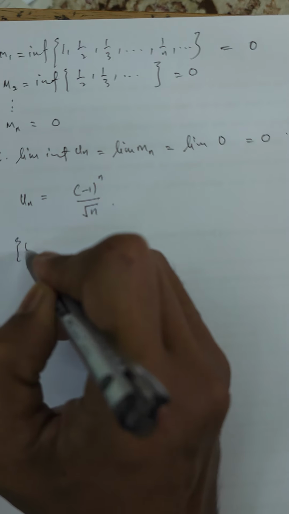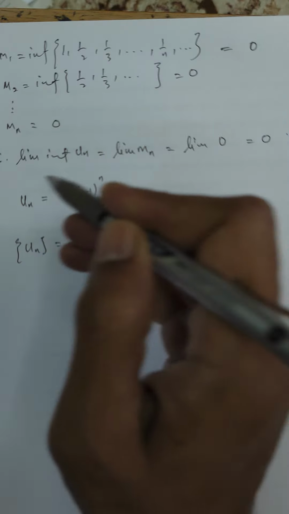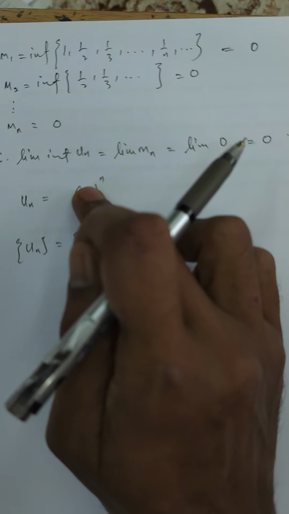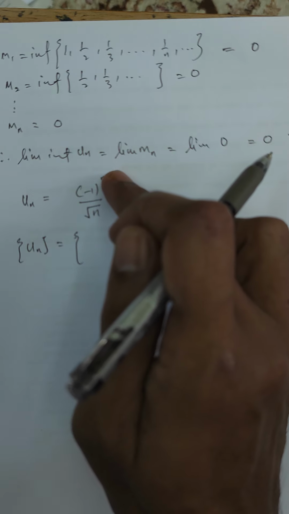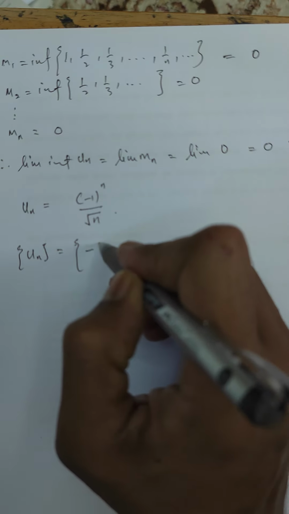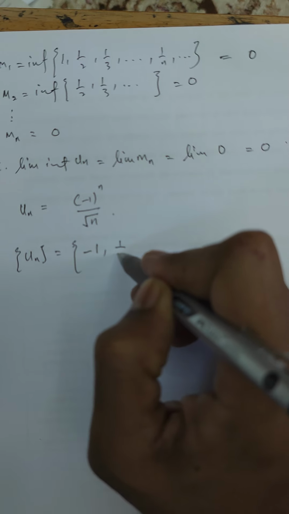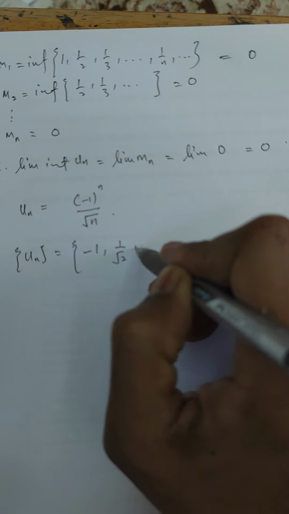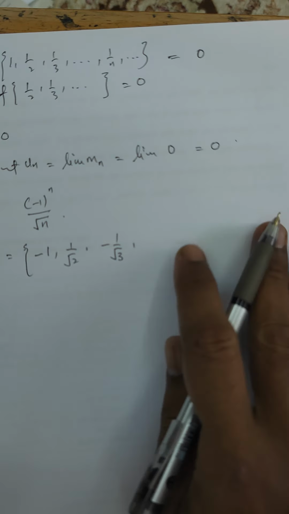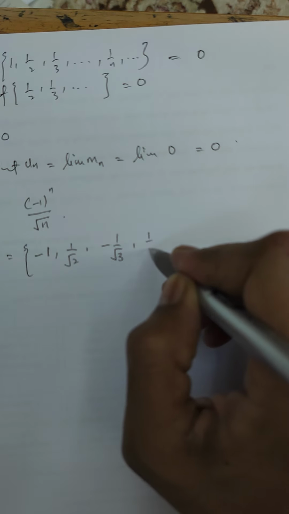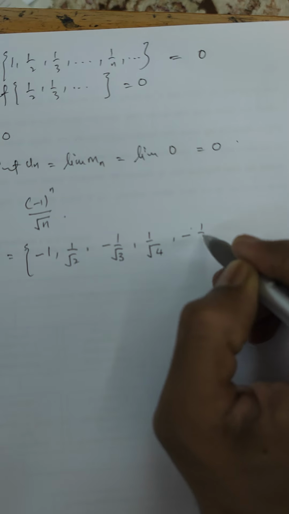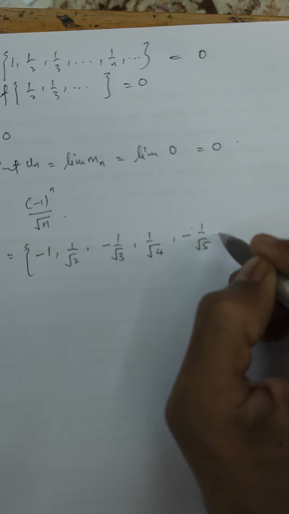So our sequence Un, if you list it down, when n equals 1, you get -1, you get positive 1 over 2, you get negative 1 over 3, 1 over 4, negative 1 over 5, and so on.